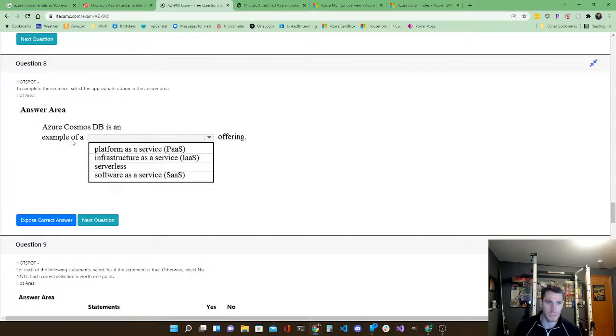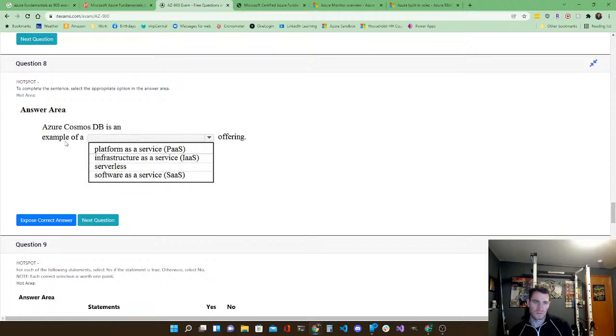Azure Cosmos DB is an example of, it would really be software as a service, I think. It's definitely not infrastructure as a service. It can be serverless. I'm trying to remember last time I did Cosmos if I did anything with setting up a compute tier. And it's not really a whole lot of compute going on.